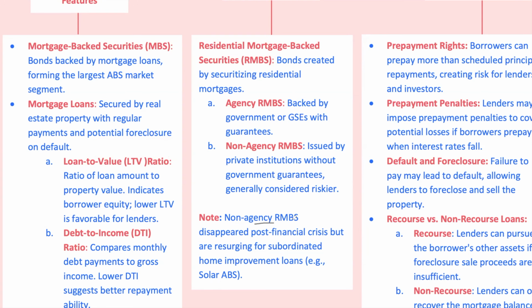Non-agency RMBS saw a significant pullback after the 2008 financial crisis, but are starting to reemerge, particularly in the form of subordinated residential loans, such as solar ABS for home improvement financing. Investors in non-agency RMBS must carefully assess credit quality, loan-to-value ratios, and prepayment patterns since there's no government safety net.